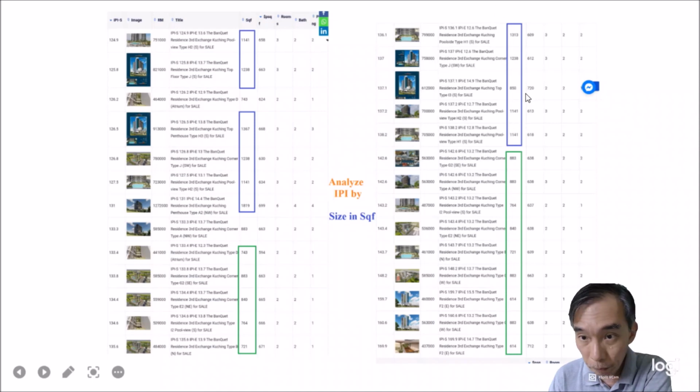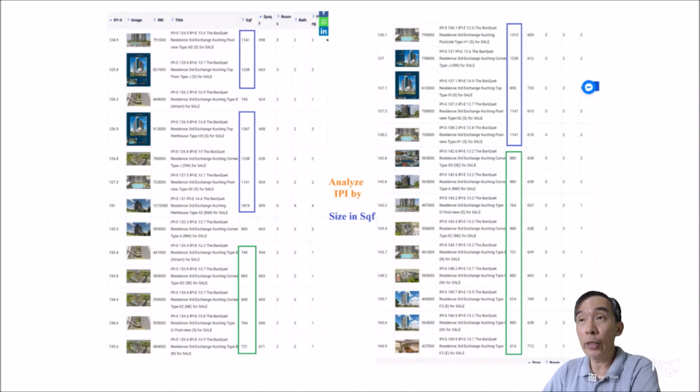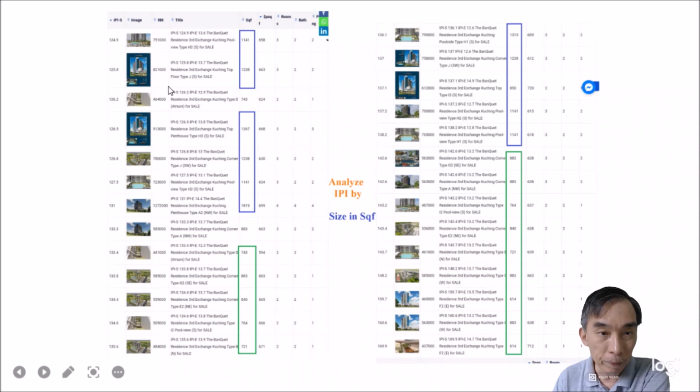It is a little bit lower because you are owning a higher price unit, which is a bigger size unit, and it is a natural compensation for having to pay a bigger price tag. Here the bigger price tag can be seen as almost 800,000, 799, 758. The smaller units are fetching about 500,000 or 400 over 1,000.